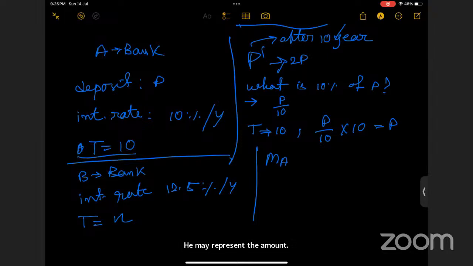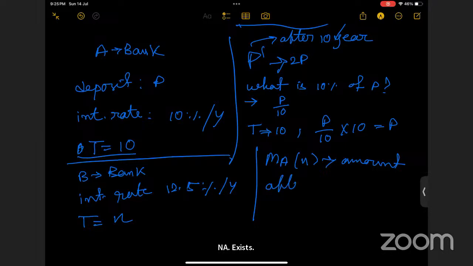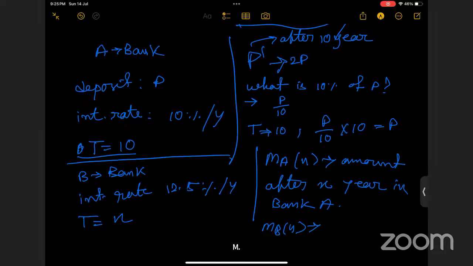So MA of X is the amount after X years in bank A, and MB of Y is the amount after Y years in bank B, right?